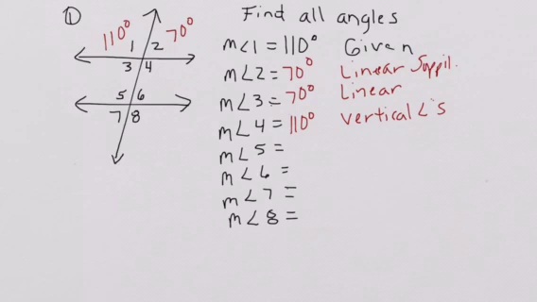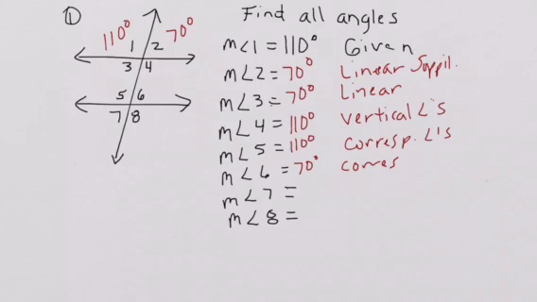Now in order to find angle 5, I'm going to go back to angle 1. Angle 1 and angle 5 are corresponding angles, so that would make angle 5 110 degrees. Angle 2 and angle 6 are corresponding angles, so that would make angle 6 70 degrees.